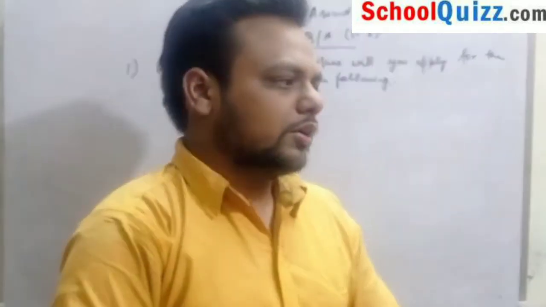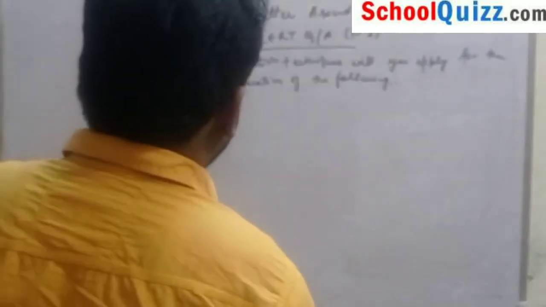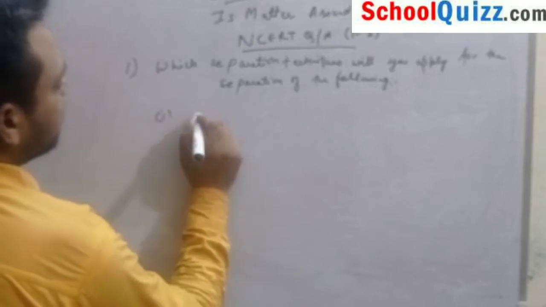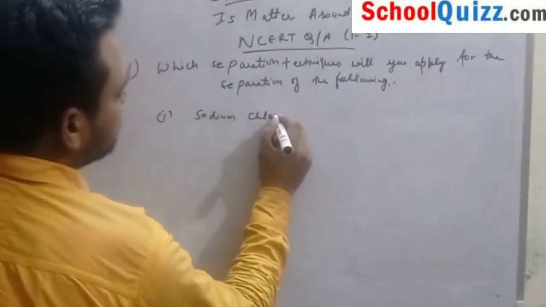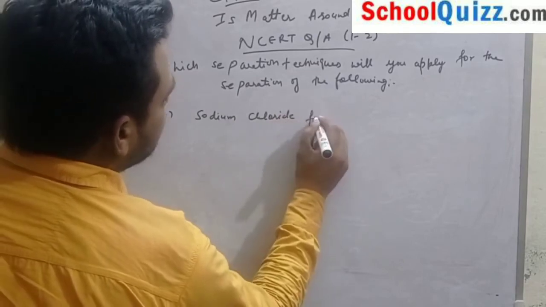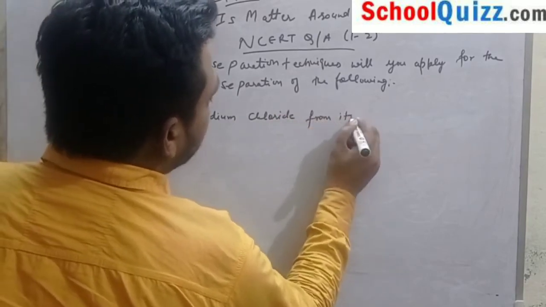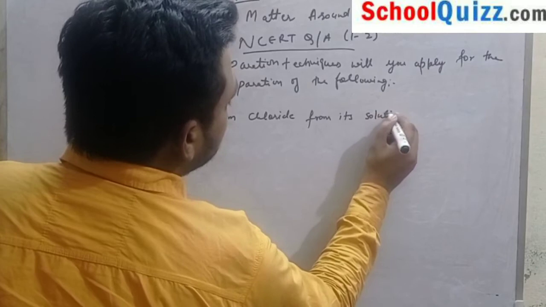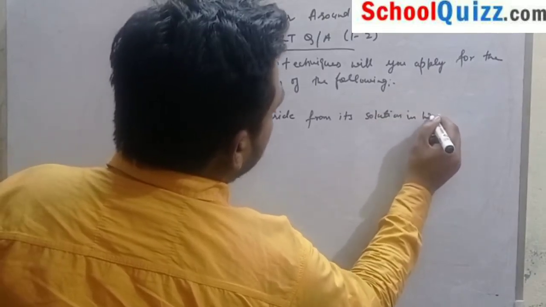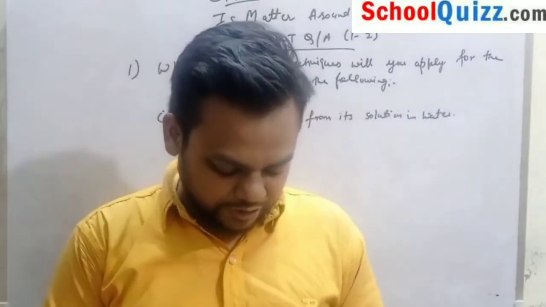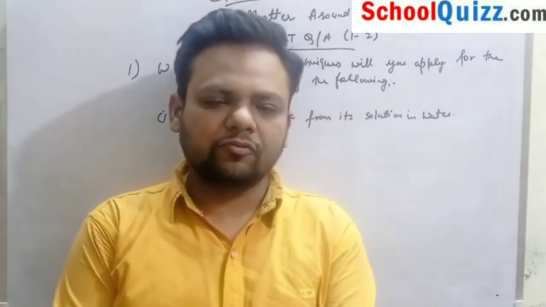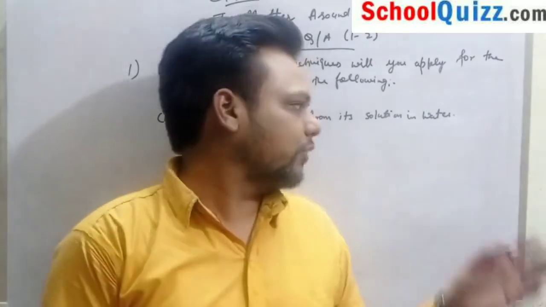Okay, so let's start. The first one is sodium chloride from its solution in water. We have to separate sodium chloride from its solution in water. So how can we separate this?